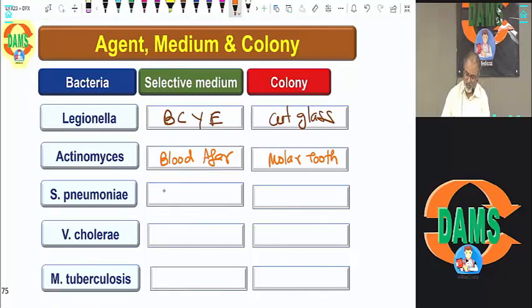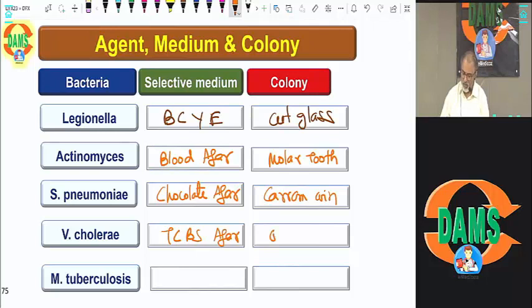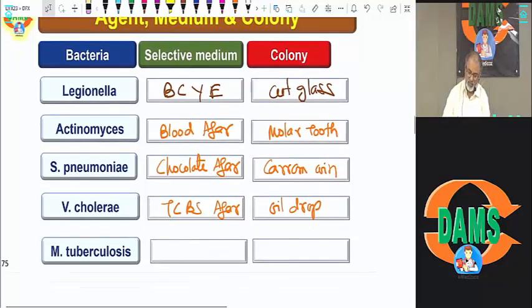Streptococcus pneumoniae, chocolate agar: Carrom coin or draughtsman colonies. Vibrio cholerae, TCBS agar: oil drop colonies. Everything is important.